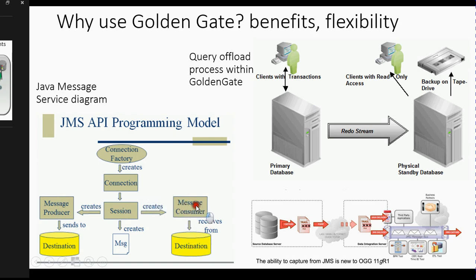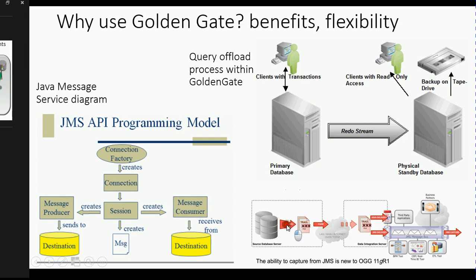You have the sender, the receiving aspect of the JMS configuration, and the message that's in between. This is actually a better picture of what the GoldenGate software offers.